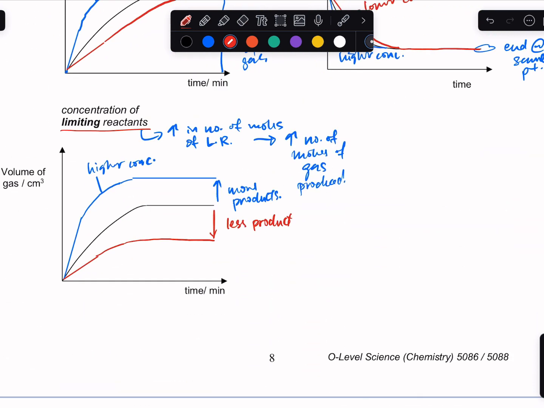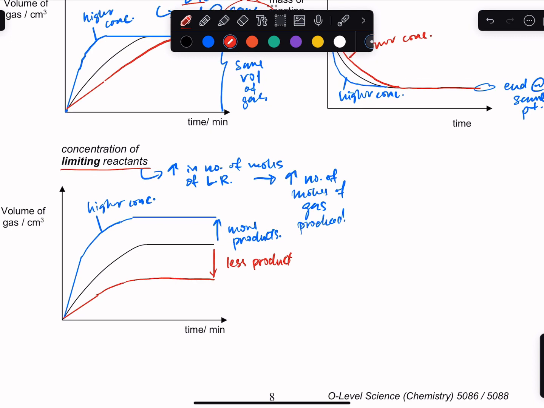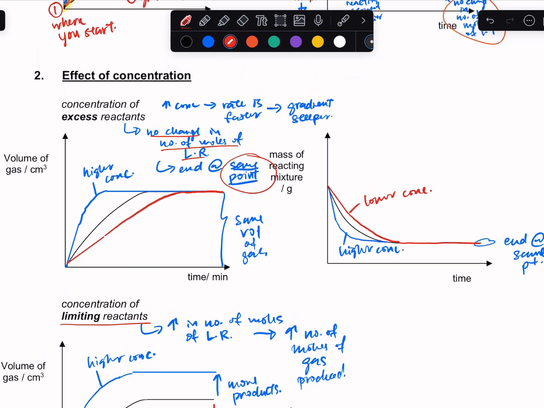Now you may wonder, how come for this question I said increase or decrease the concentration of limiting reactants, but I didn't have a mass graph? That's because when you change the concentration of the limiting reactant, the mass would likely change as well, and you don't know what the change is. So it's unlikely to come out in the question.